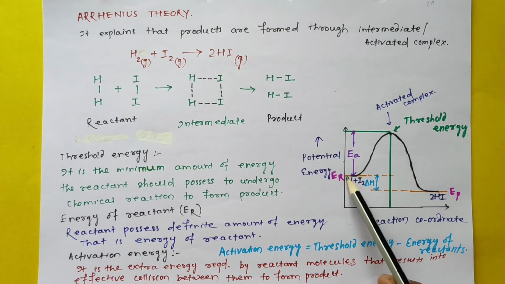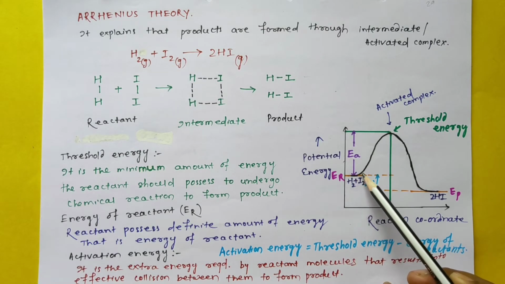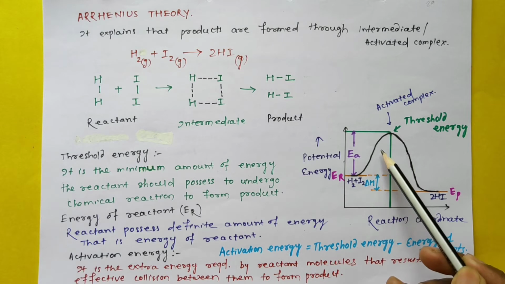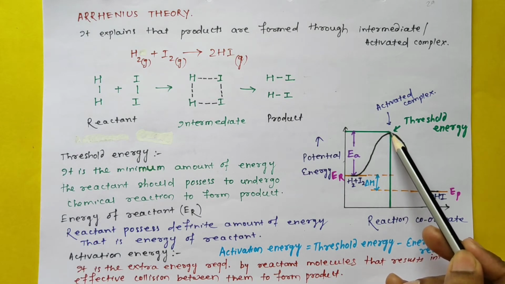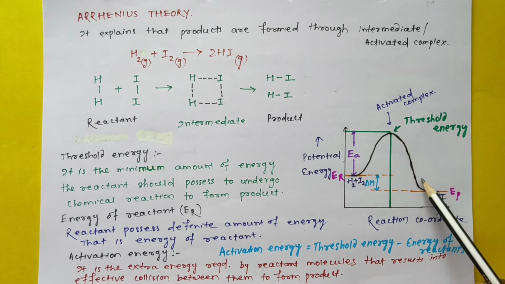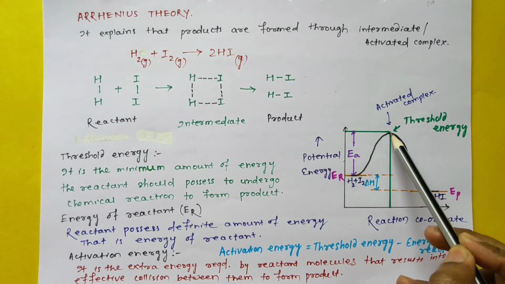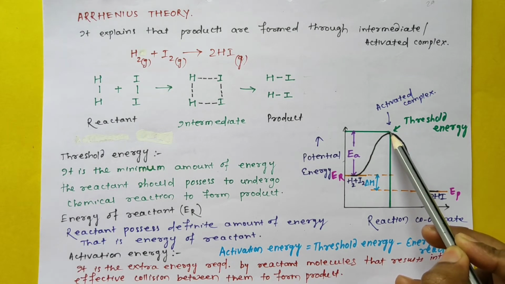Here you can see the reactant hydrogen and iodine. The energy of the reactant is this much. Then what happens? It gains some sort of energy and its energy value gradually increases. And if you want to form the product, then you have to supply sufficient amount of energy so that it will overcome this minimum amount of energy barrier.